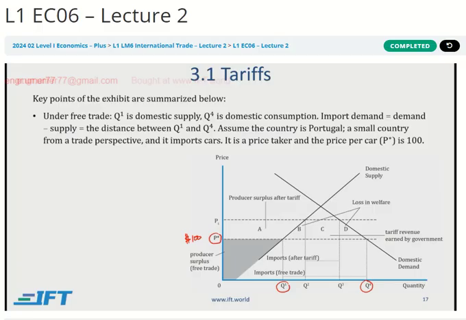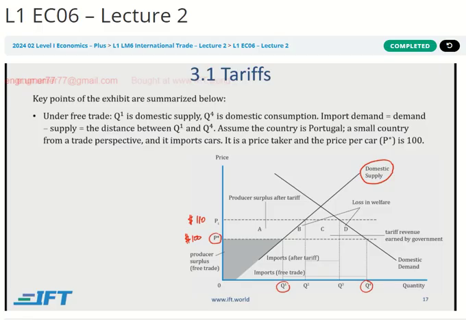Let's say the US says no, we're going to increase the price to $100 so that our local manufacturers can sell more, because this is their domestic supply curve, and as you can see, their domestic manufacturers are not able to supply that much.